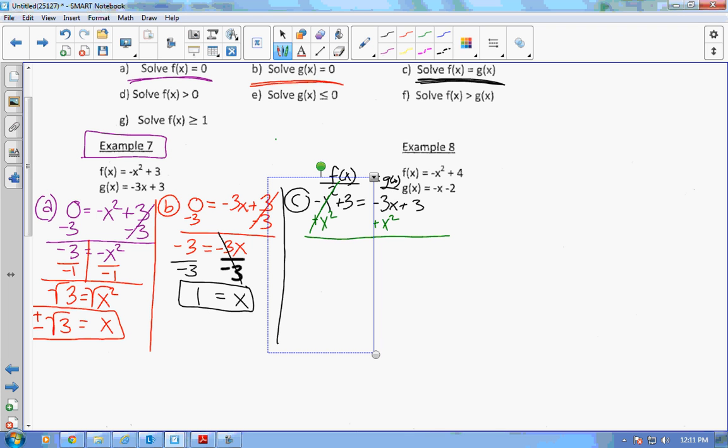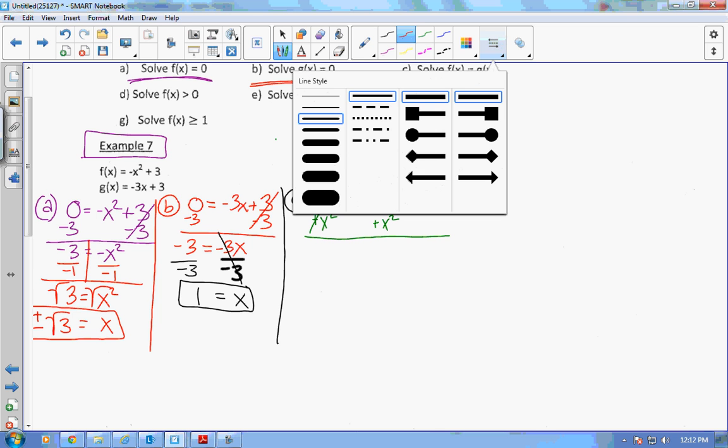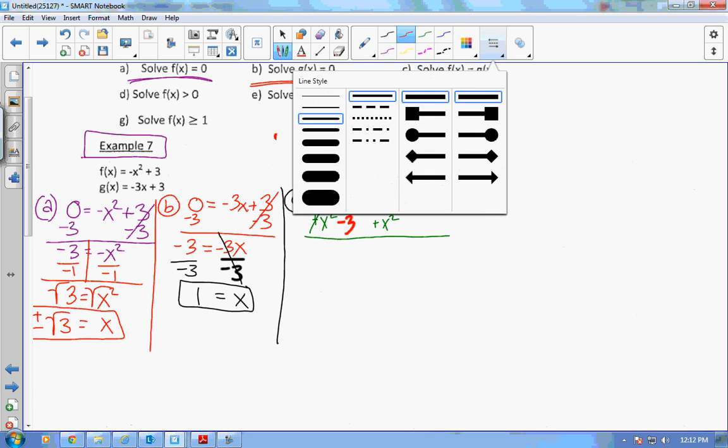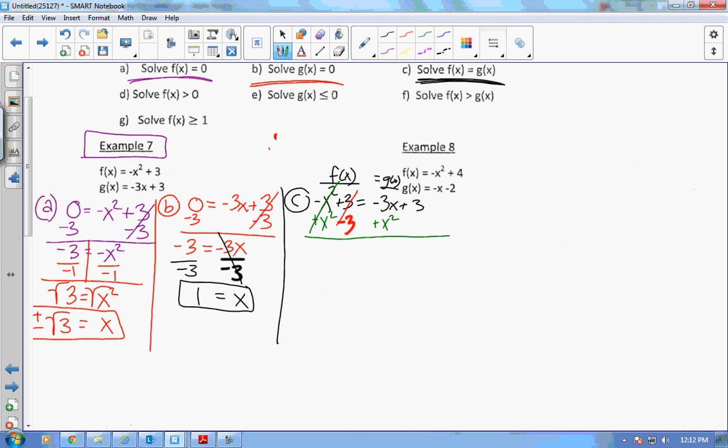How do I move the plus 3 to the other side? Subtract it on both sides. And I'm going to make sure I line up like terms. Subtract 3, subtract 3. So I get 0 equals. Make sure you write it in order. Which one do I need to write first?